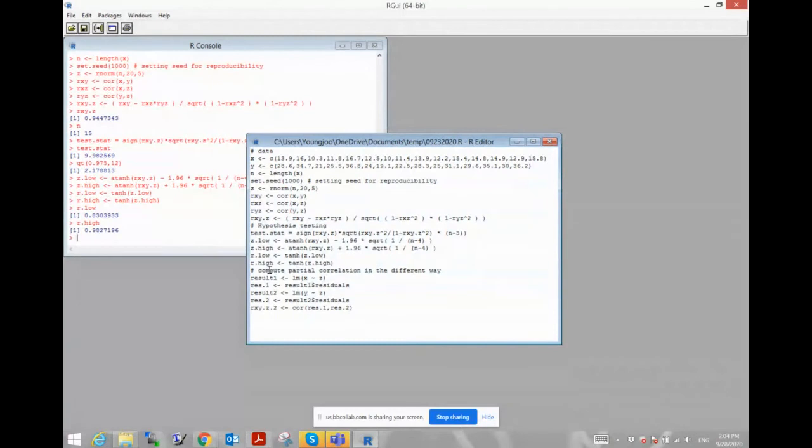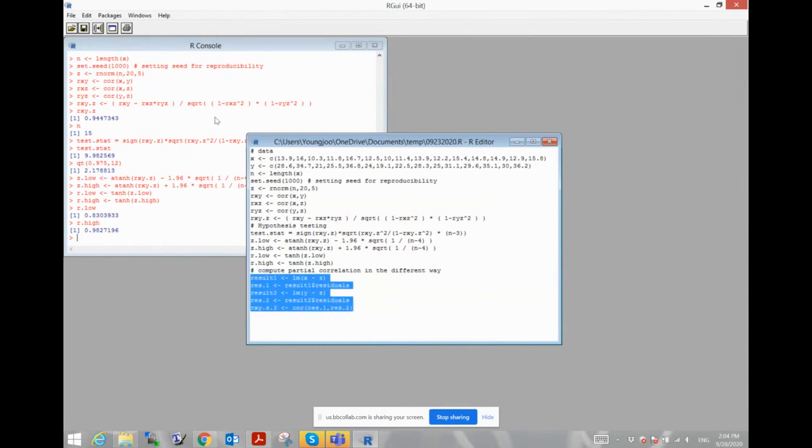And then, as I said, we can compute the partial correlation in a different way. We can first run the regression of x on z and store the residuals, run the separate regression of y on z and store the residuals from the second regression, and we calculate the simple correlation between the two residuals.